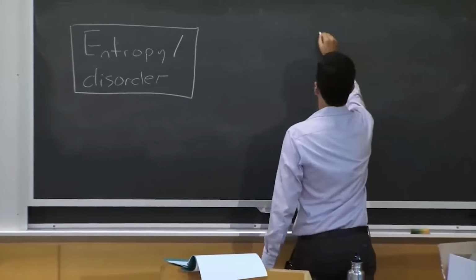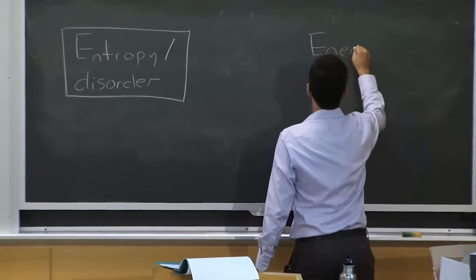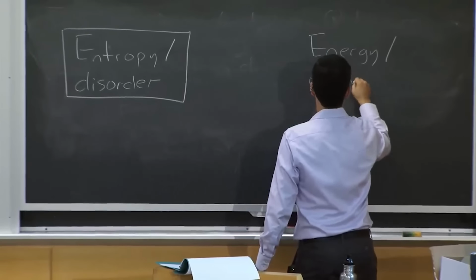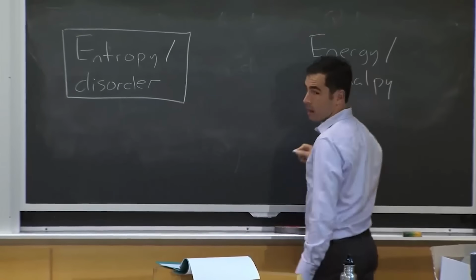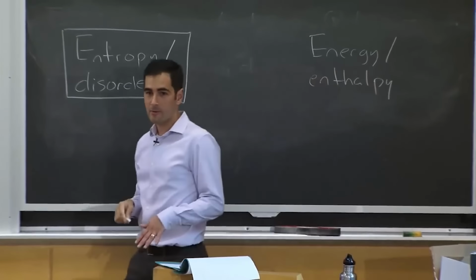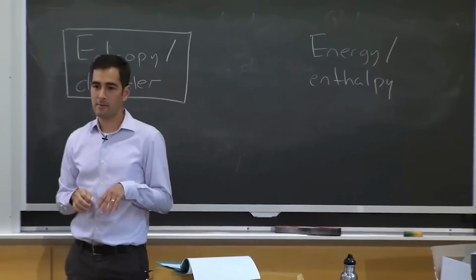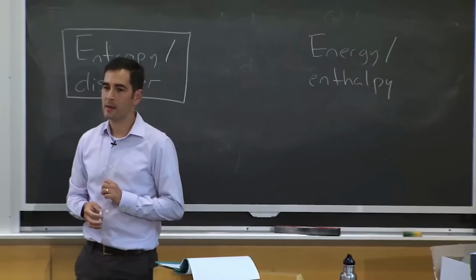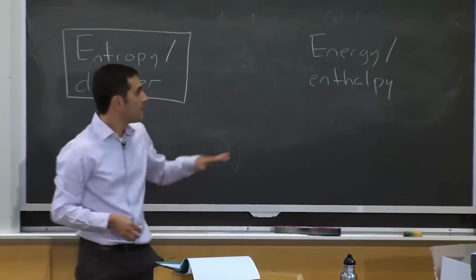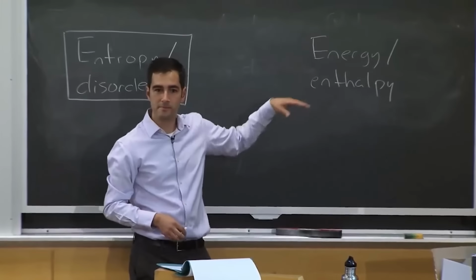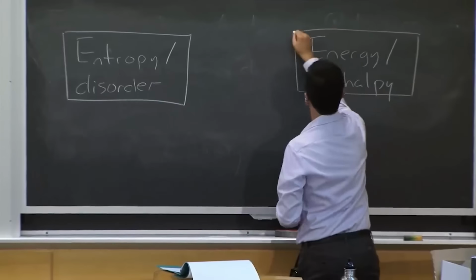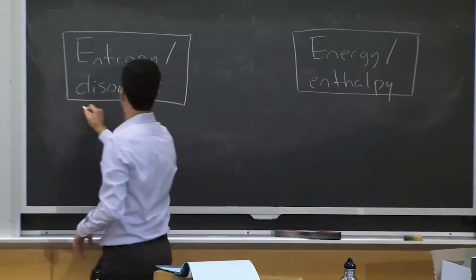And on the other hand, we have energy, or what we will more commonly use in this class, which is enthalpy. They're not identically the same thing. We'll cover enthalpy in plenty of detail in later lectures, but for today, we can use them interchangeably. And this question of balance is everything.